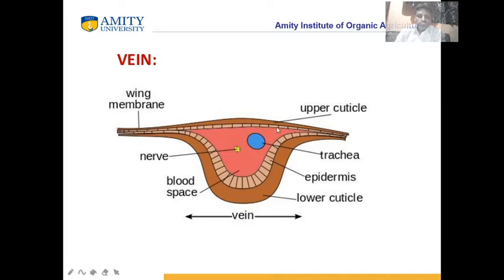These are the spaces where blood is stored. This is the upper cuticle and the lower cuticle is behind. Here is the epidermis. The epidermis is the structure which forms the upper cuticle and the lower cuticle.